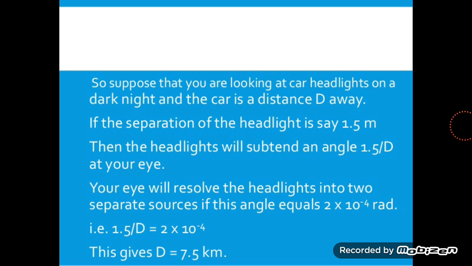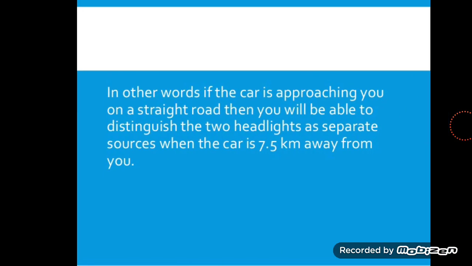Your eye will resolve the headlights into two separate sources if this angle equals 2 into 10 to the power minus 4 radian, that is 1.5 upon capital D equal to 2 into 10 to the power minus 4. This gives D equal to 7.5 kilometer.